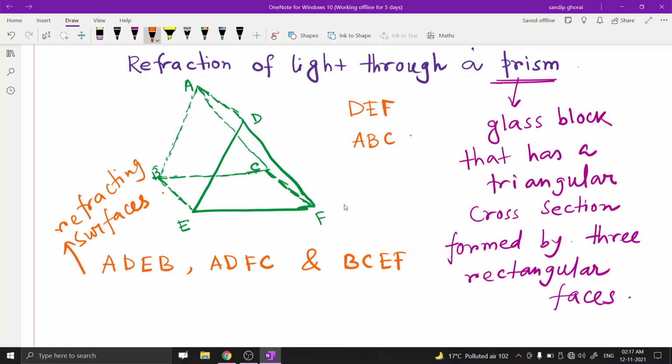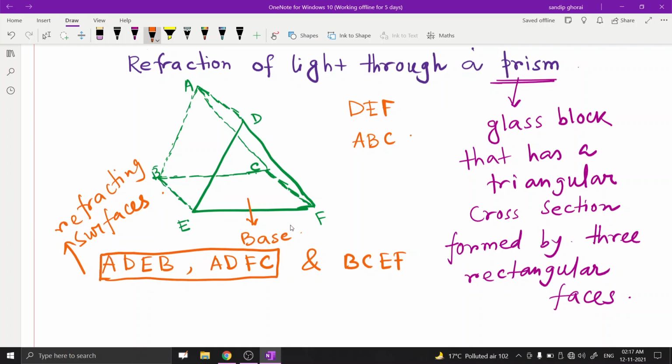For this prism, the surface DCFE is called the base, and particularly these two, ADEB and ADFC, are called refracting surfaces.